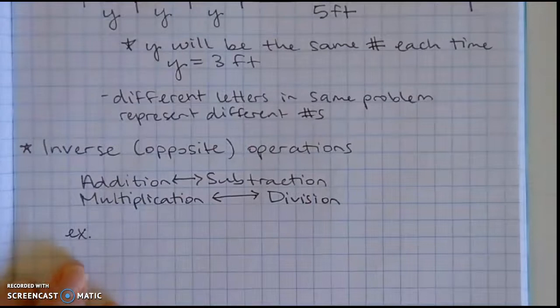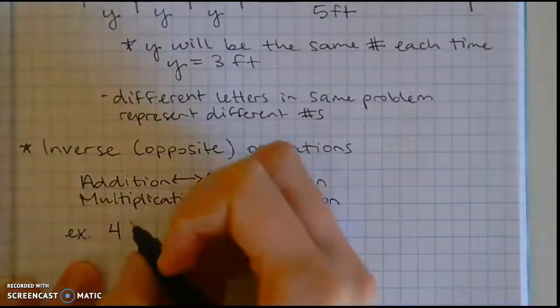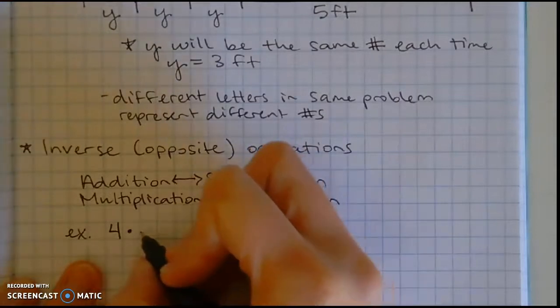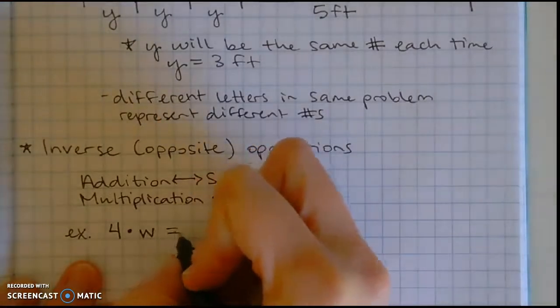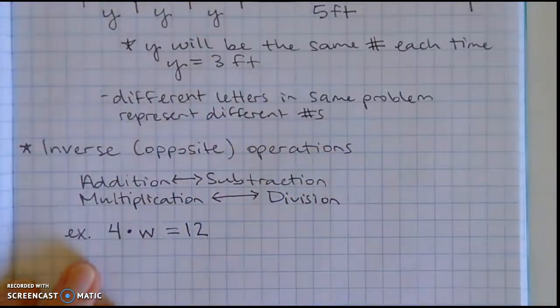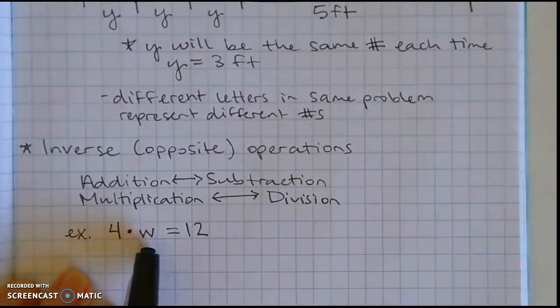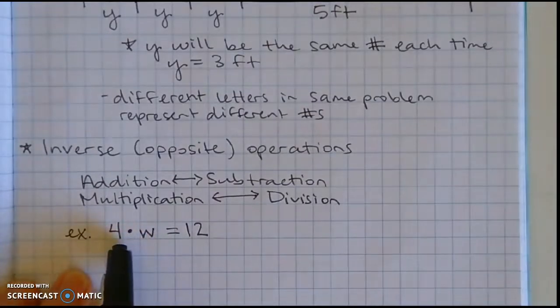So for my first example, let's say I know that I have 4 of something and I'm multiplying it by a variable. We'll use W. And the answer is going to be 12. Well, I know that whatever I put here, I'm going to have to multiply by 4 to get that. To figure out what that is, I'm going to have to use division to help me.